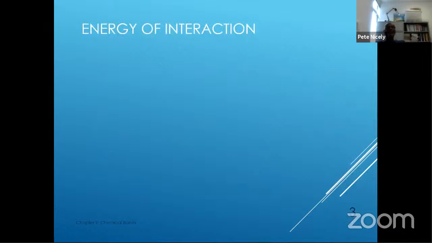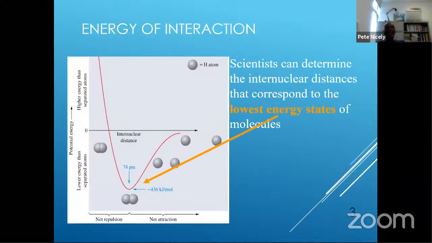Okay, so again, looking at the hydrogen molecule, there is a bond distance between the two atoms for which the molecule will be stable, right? Now, if you shorten that bond distance by bringing the atoms closer to each other, the repulsive forces between the two nuclei will take over, right?